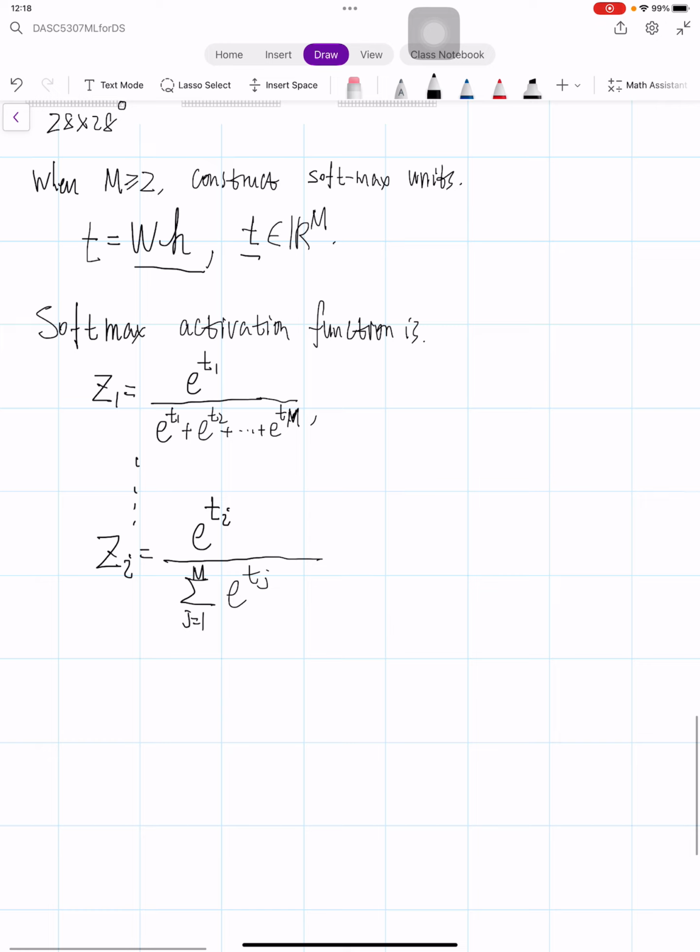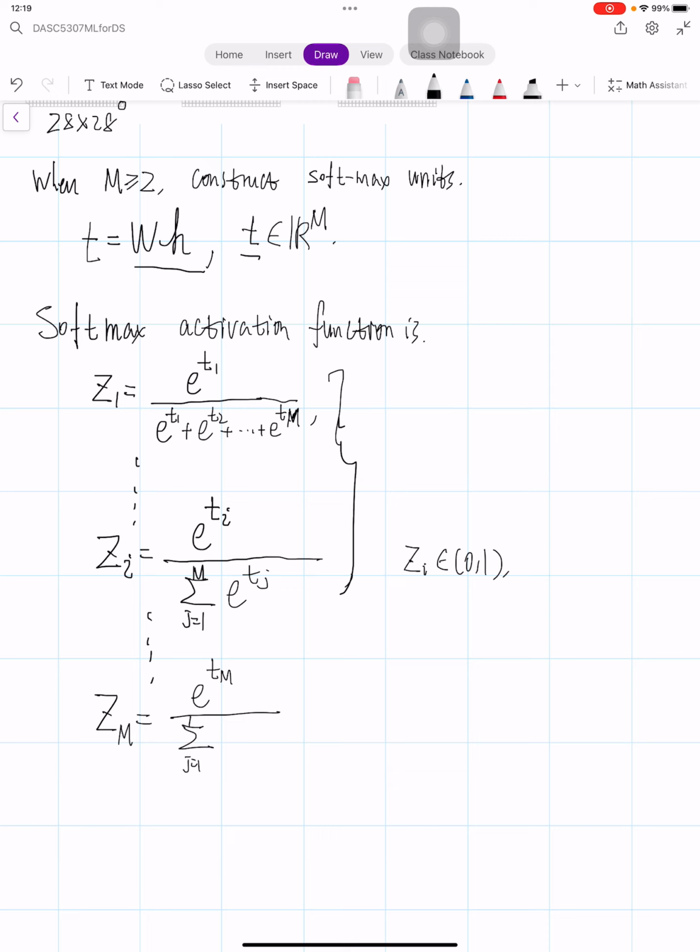After this transformation, each zi is a number between 0 and 1. Let's write down the last one: z10 equals e to the power t10 divided by the summation over j from 1 to m of e to the power tj.